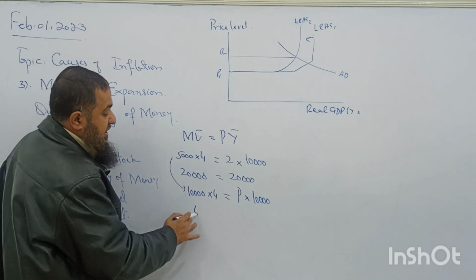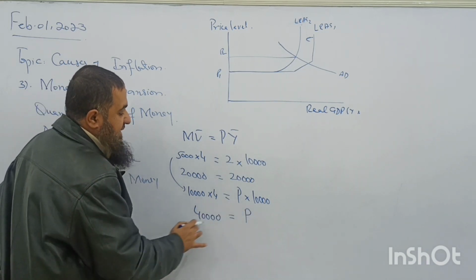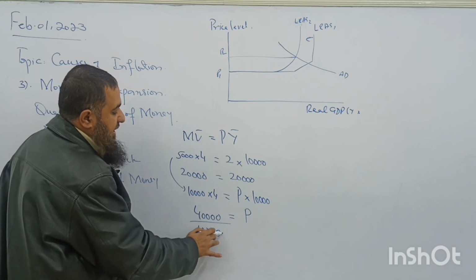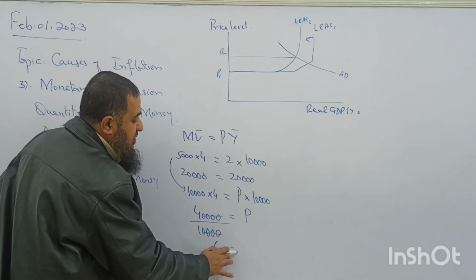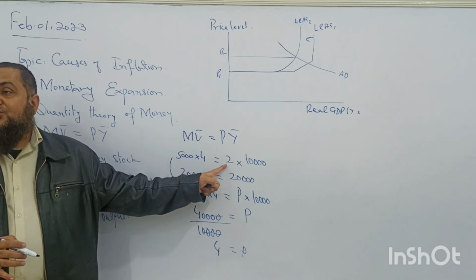So MV is now 40,000. Now we want to find the price level. We have to divide this 40,000 by 10,000. So what is the price level now? 4. Previously the price level was 2.